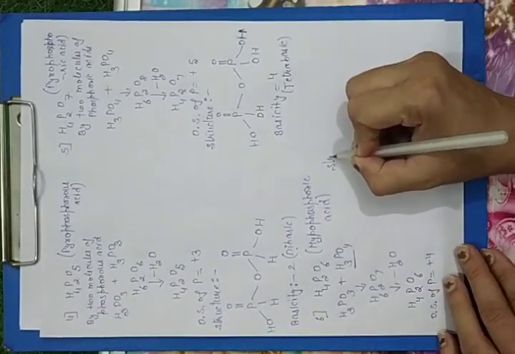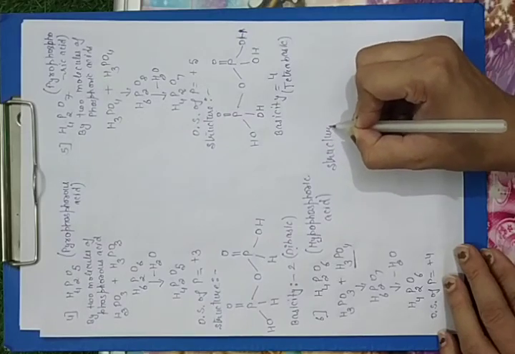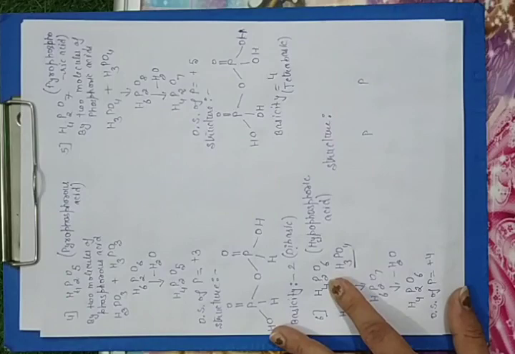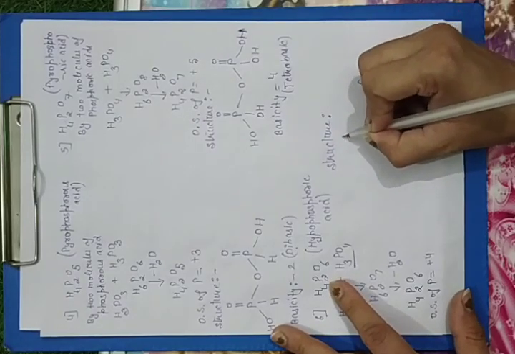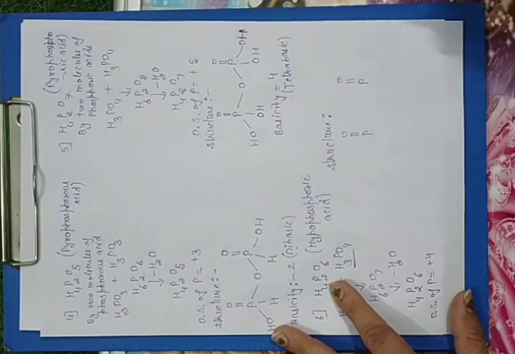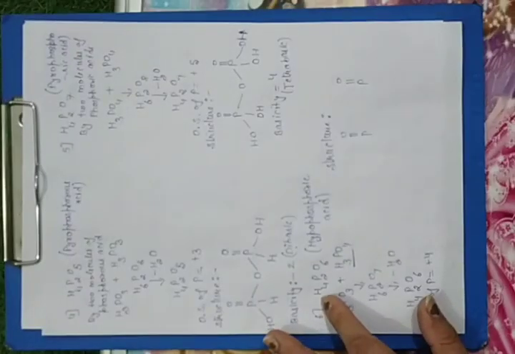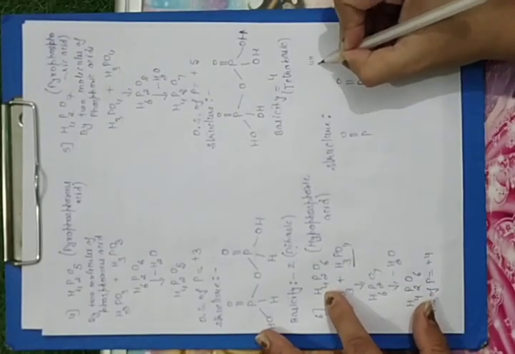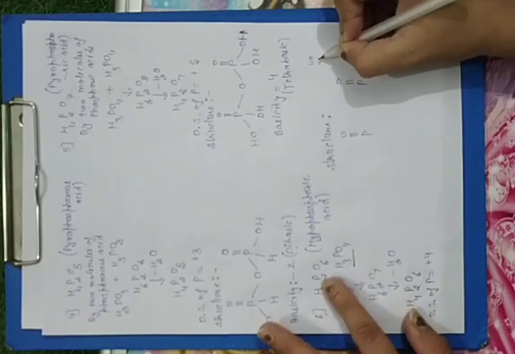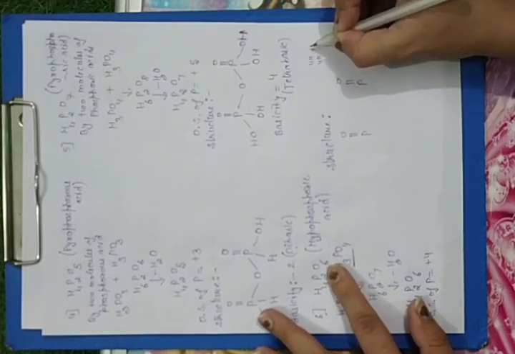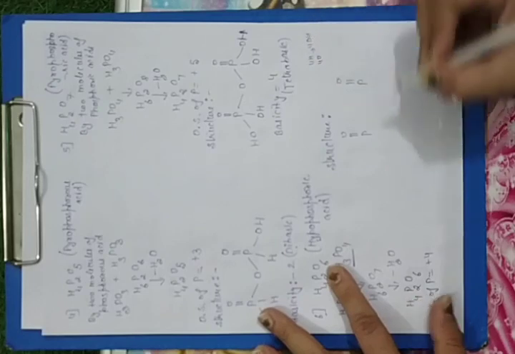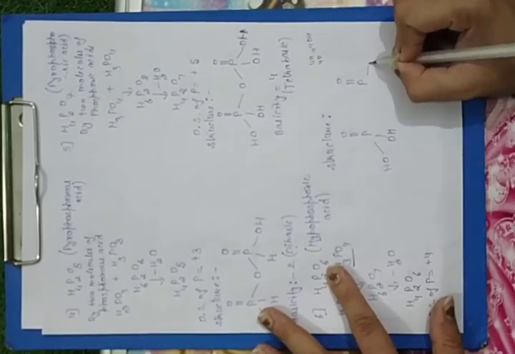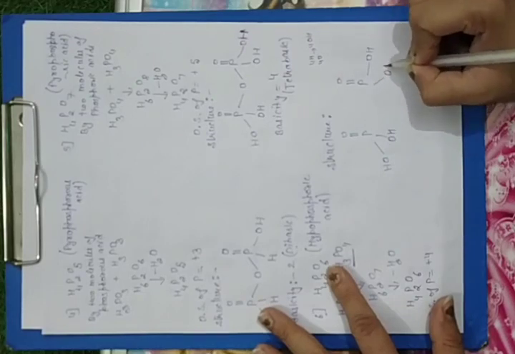Structure, then 2 atoms of phosphorus with double bond O. Now we are remaining with 4 atoms of hydrogen and 4 atoms of oxygen. It means here 4 OH bonds are possible, 2 with this phosphorus and 2 with this phosphorus.